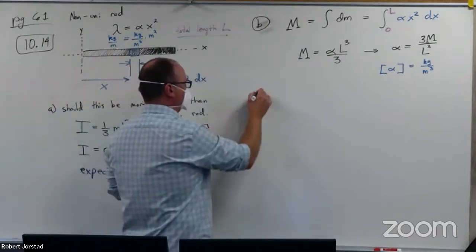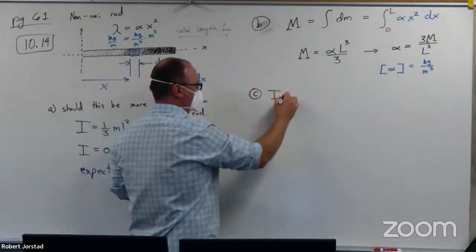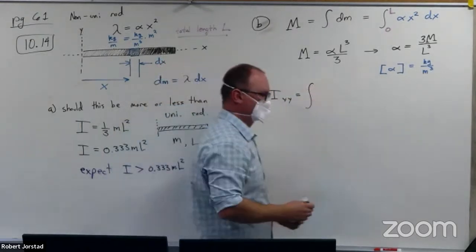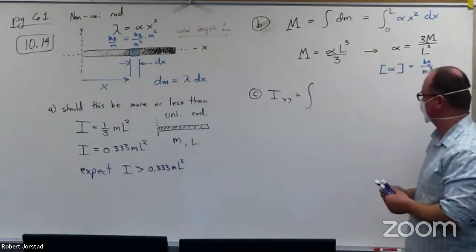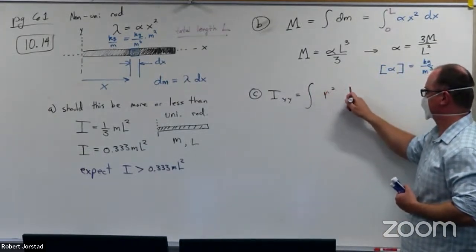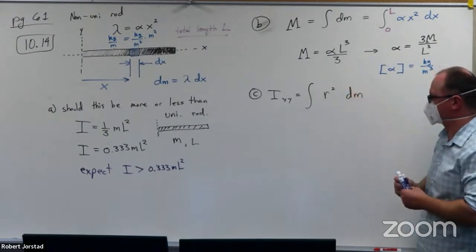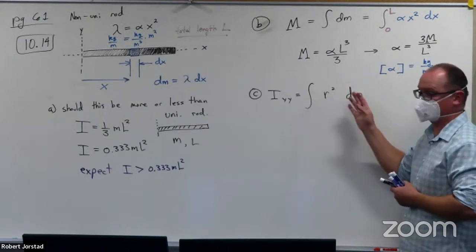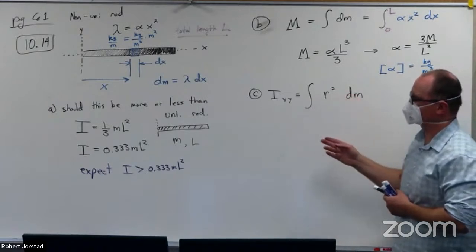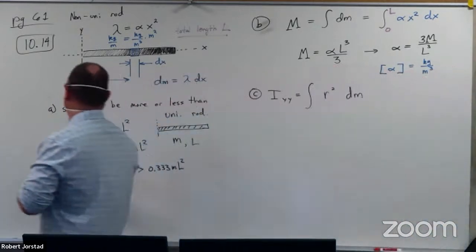Finally, part C. I_yy, moment of inertia about the y-axis. In this case, it's going to be r squared dm. But for this problem, r means from the axis to my slice. What is r?